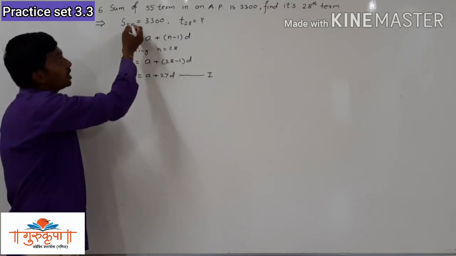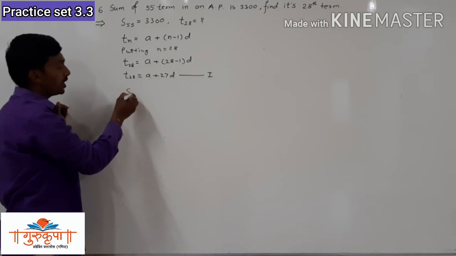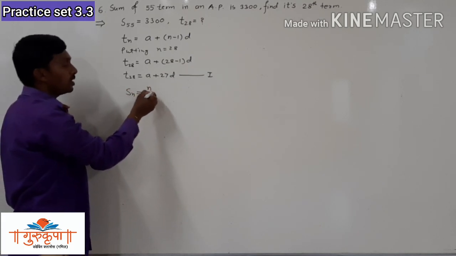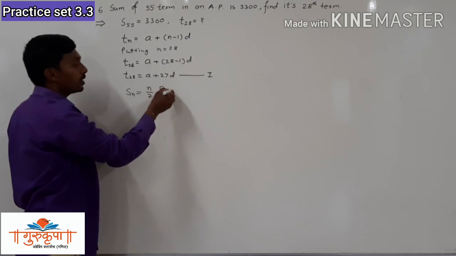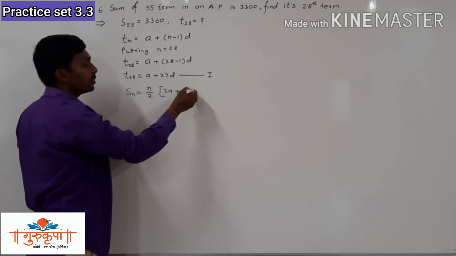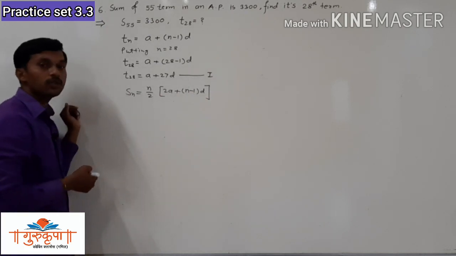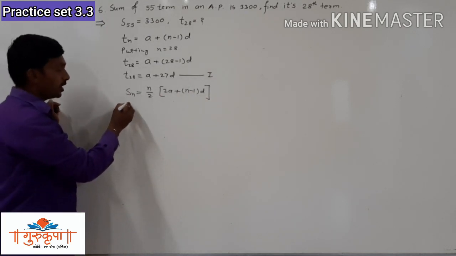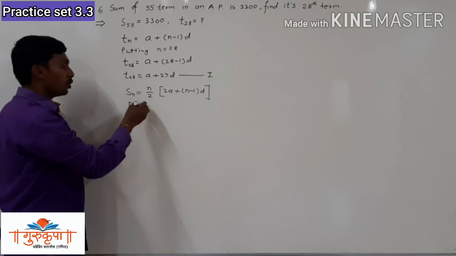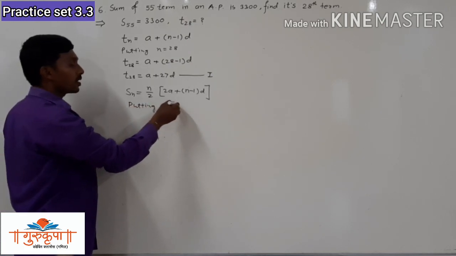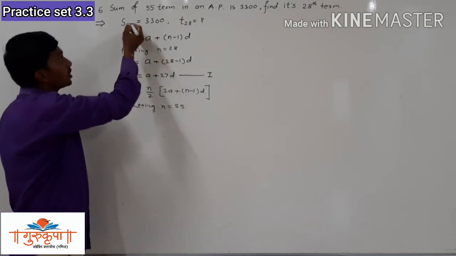Here we are given S55, so we will use the formula Sn is equal to n upon 2 into the bracket 2a plus (n minus 1) into d. This is the formula for finding the sum of the n terms of an AP, and in this formula we will put n equal to 55, since we know the sum of the first 55 terms.